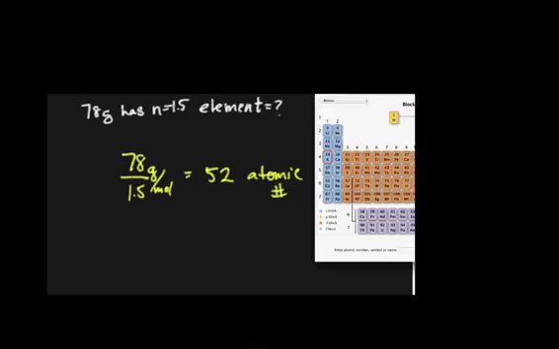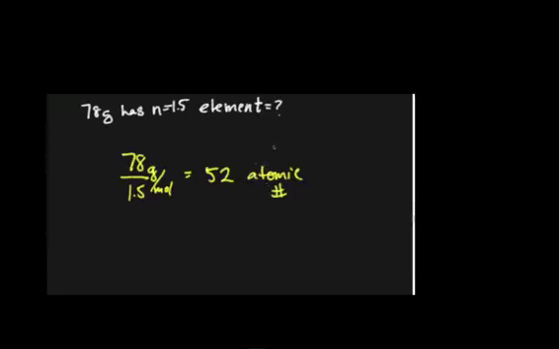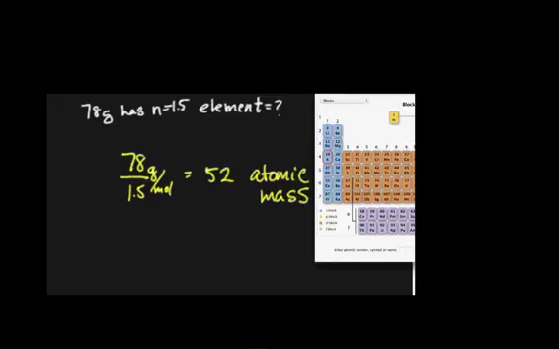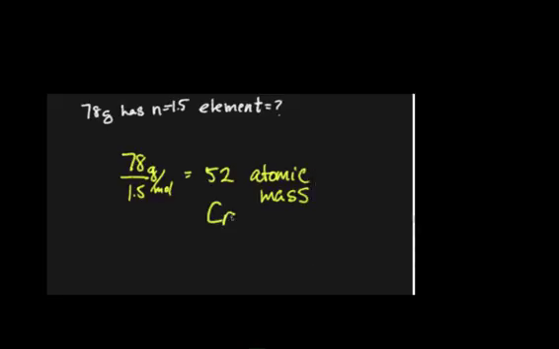But is 52 being the AMU or the atomic number itself? Oh, okay. So it's the atomic mass. So it will become 51.99. Chromium it is. Good job.